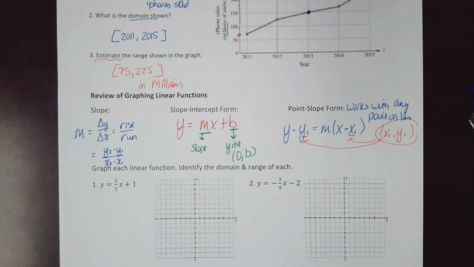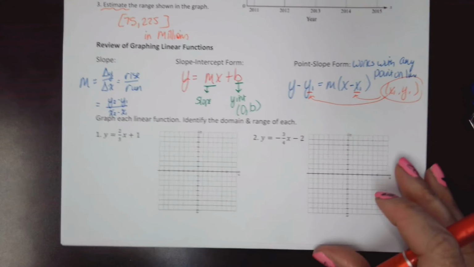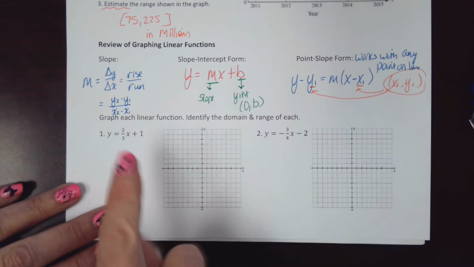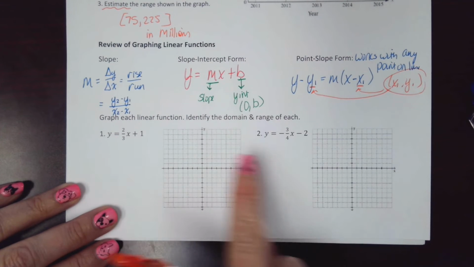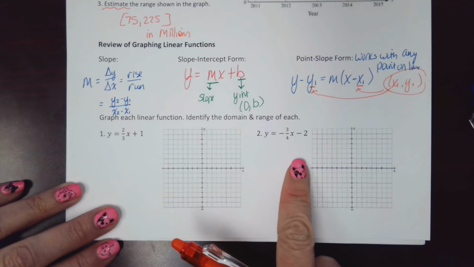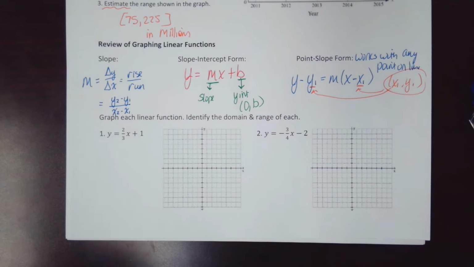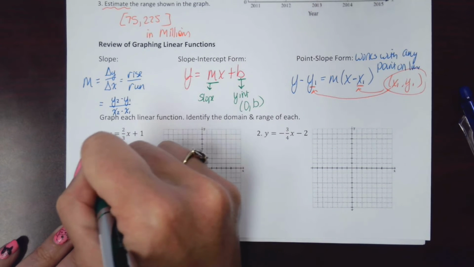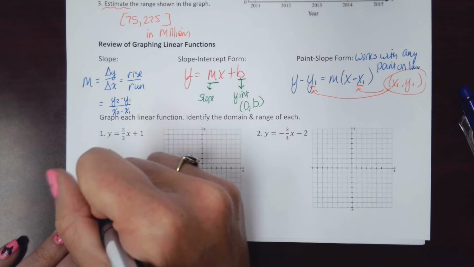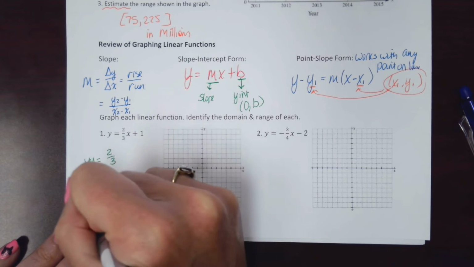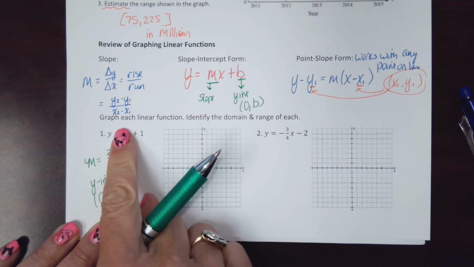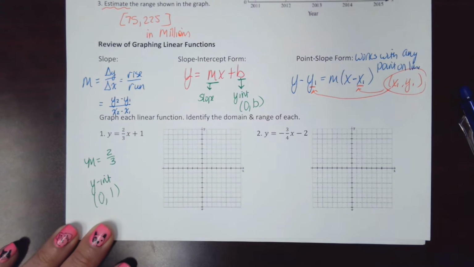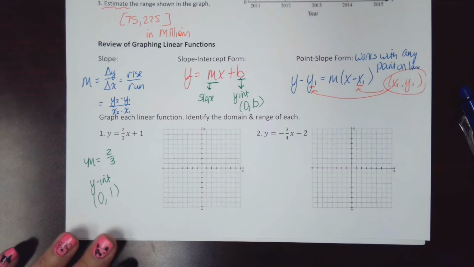All right, graphing linear functions. Grab your straight edge. These two are given to us in slope-intercept form, so that's handy. We don't have to do any work there. We can say, okay, for this one, my slope is 2/3, and my y-intercept is going to be 0, 1. So what does that mean to me on my graph?